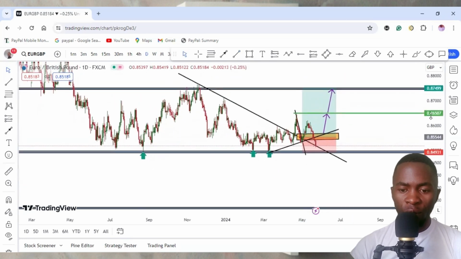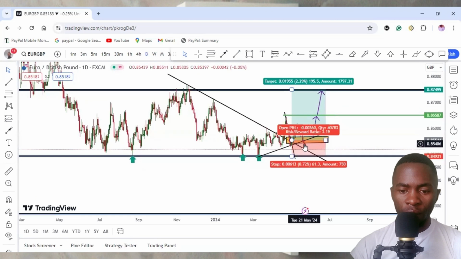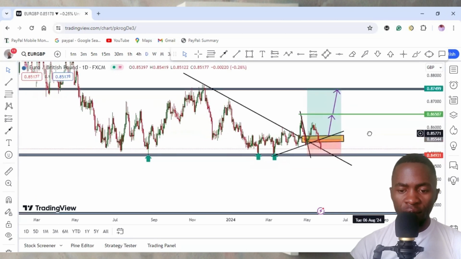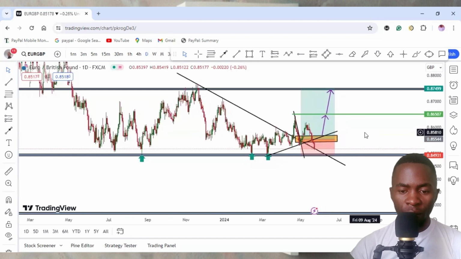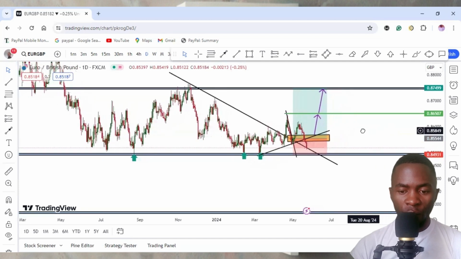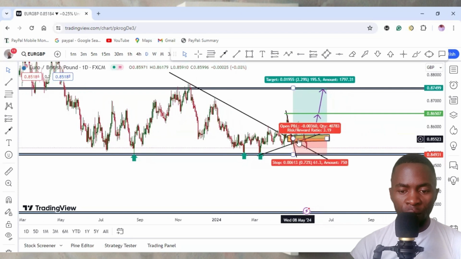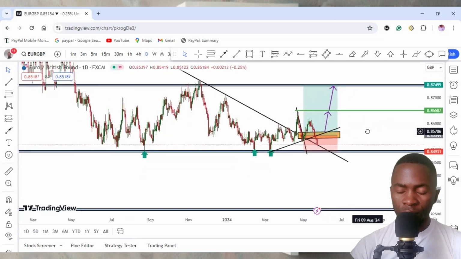Immediately the market broke below this minor counter trend line. I cut some of my losses, which was even break even because it was not a big loss, because I entered exactly at the same place.